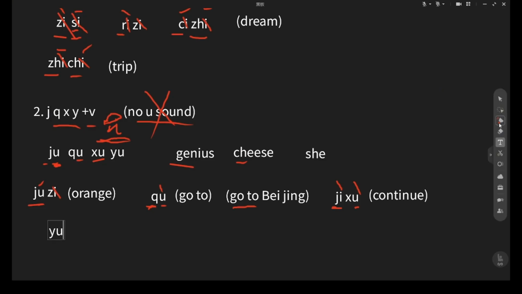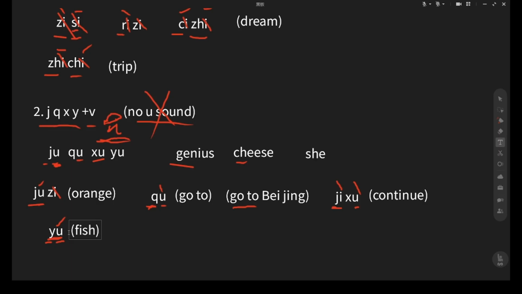So here is 鱼, okay? You see this yu is in this group, right? So 鱼, second tone, 鱼 means fish, okay? Do you like to eat 鱼? Yes or no, but try to remember this one.